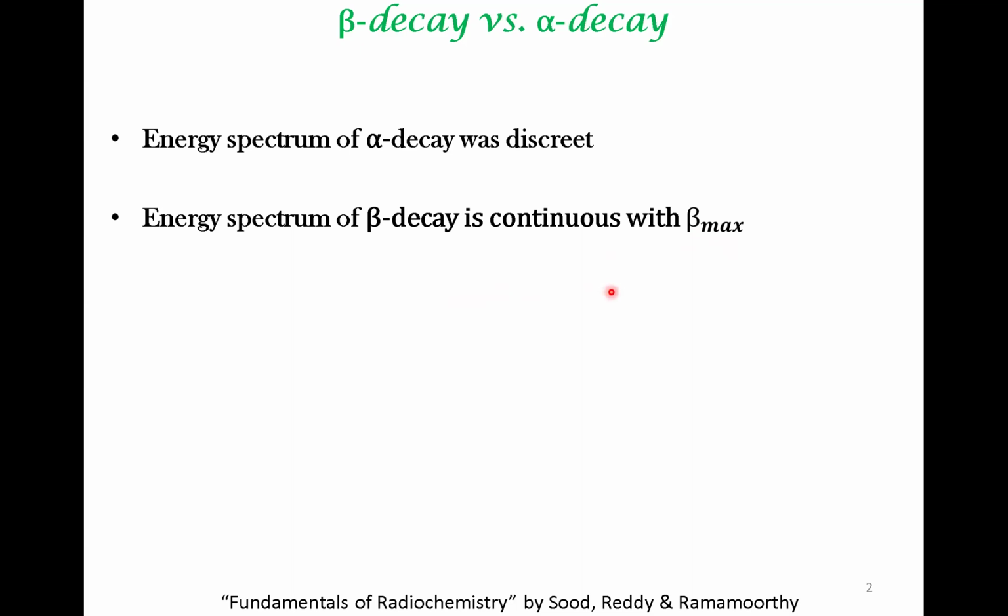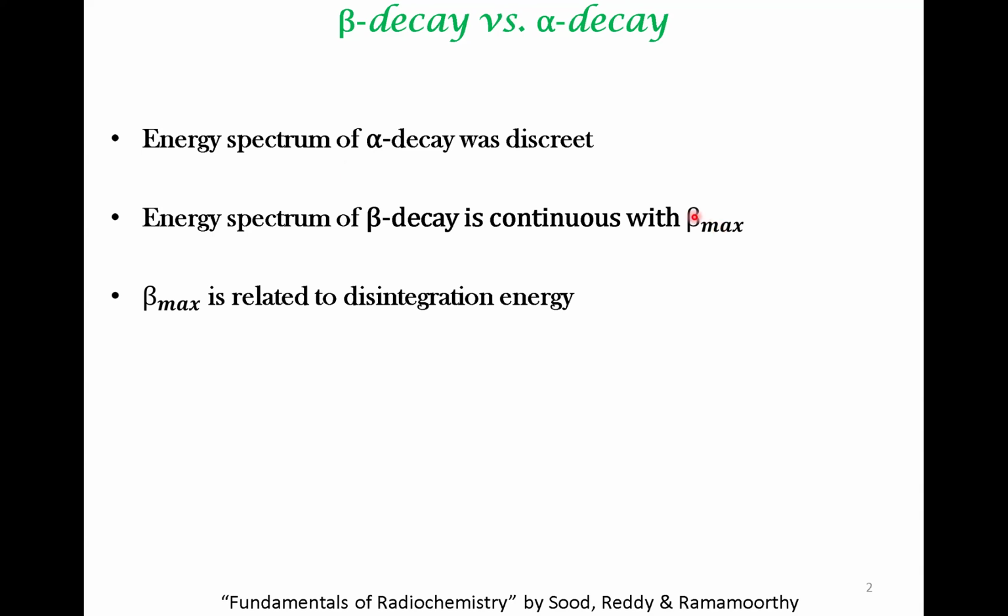It is not like alpha decay, wherein some energies were absent and the alpha particle had only certain energy levels. So this is a big difference. One has to understand why this spectrum is continuous in contrast to the decay spectrum of alpha particles.